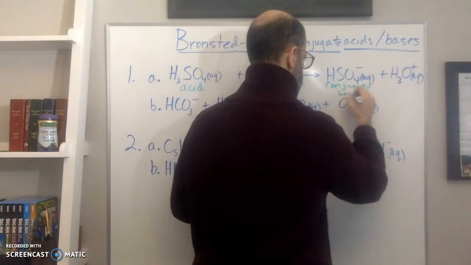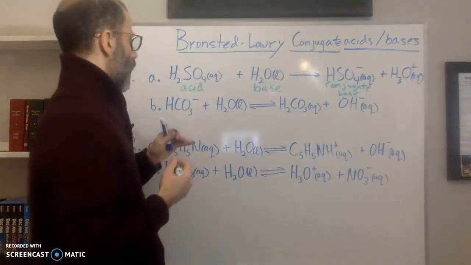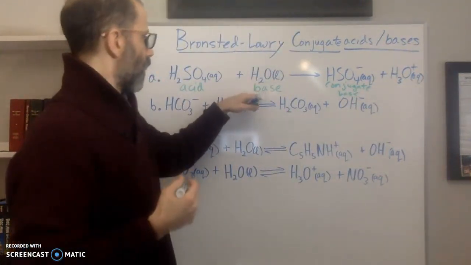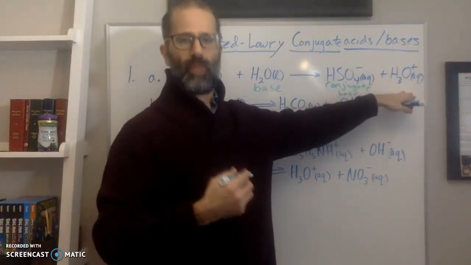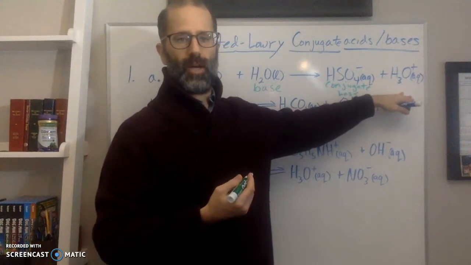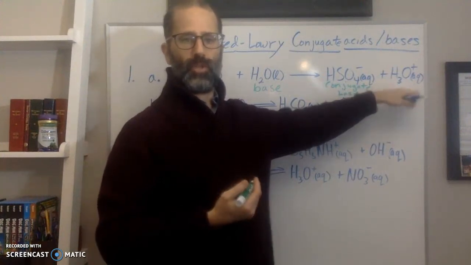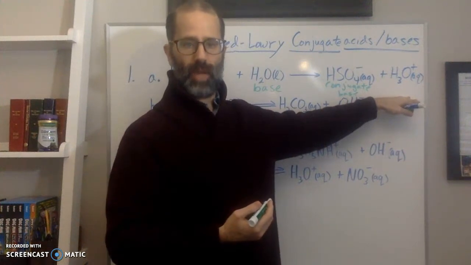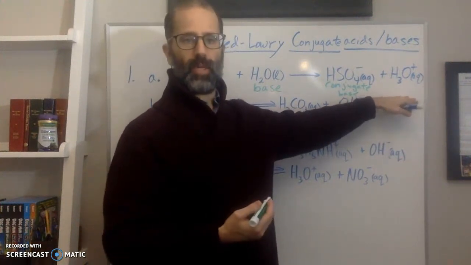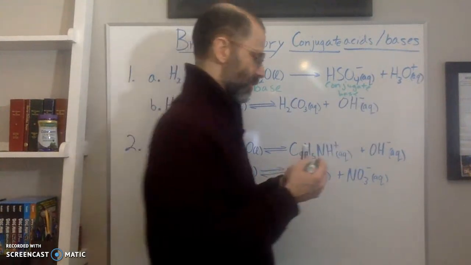And then the base, water, picks up a hydrogen, but then this hydronium could give off the hydrogen again. So this is a base. This could give away its proton, so it's a conjugate acid in this regard.